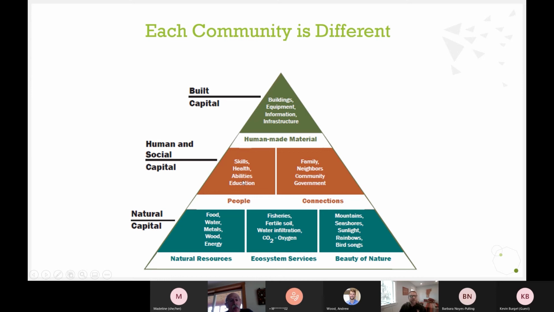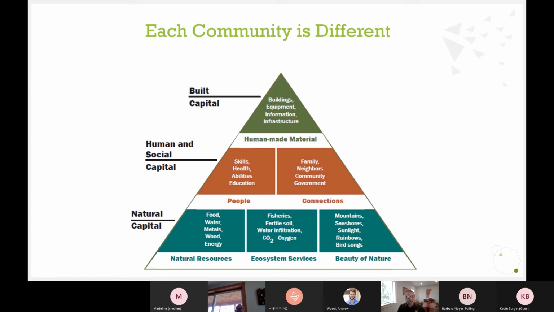But another ingredient is the human skills and abilities, the education, the connectivity, how connected the neighbors are, how well they communicate, the family, the neighbors, the government. That sort of social capital piece is another ingredient of a community.